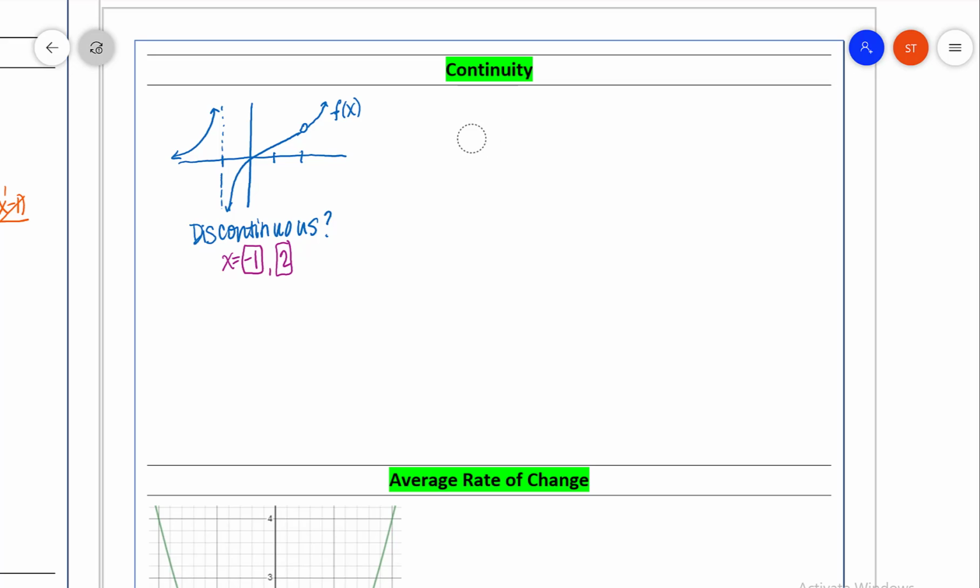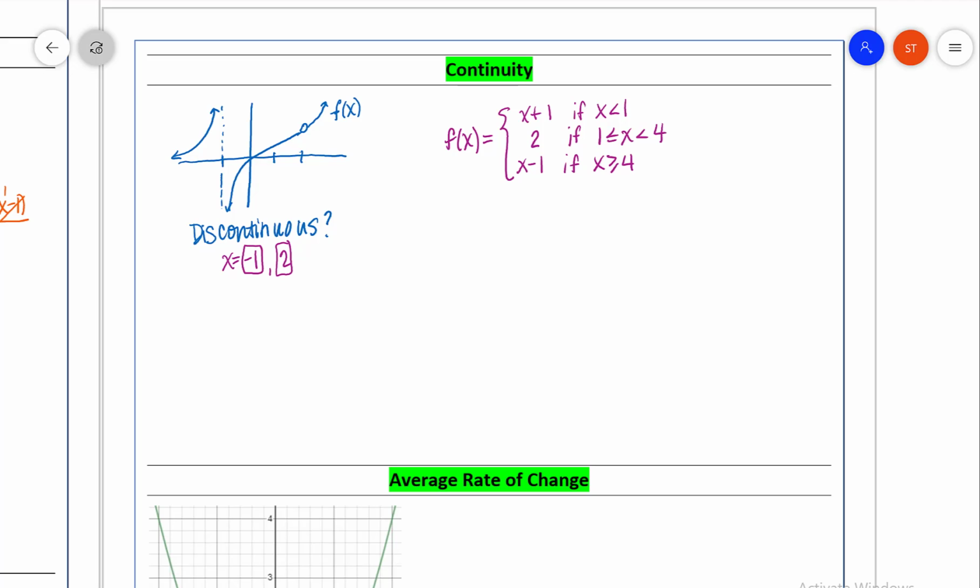Let's try another problem where we are given an equation of a function. This is a piecewise function. There are three parts. The first part, f of x is equal to x plus 1 if x is less than 1. It's equal to 2 if 1 is less than or equal to x is less than 4. And it's equal to x minus 1 if x is greater than or equal to 4. To do this problem, we just need to find out what's happening in between.